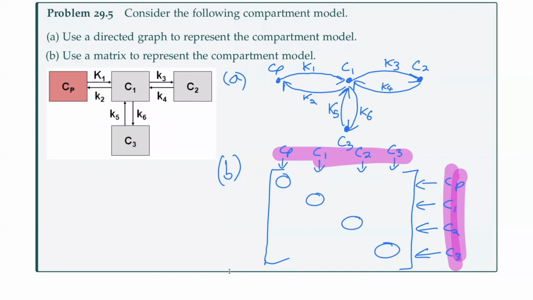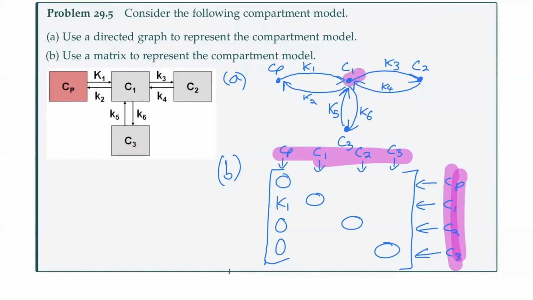Then let's work down this first column here, thinking about everything that flows out of CP. So what flows out of CP? We just have this K1 here, going from CP to C1. No other arrows, so those are zeros. C1, there's quite a lot going on for C1.